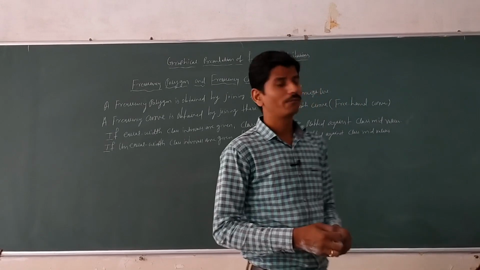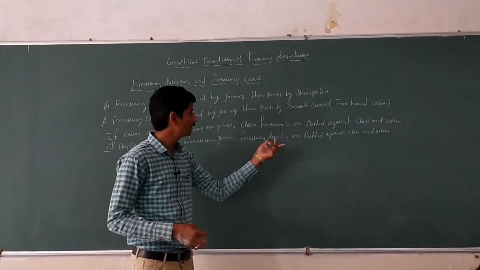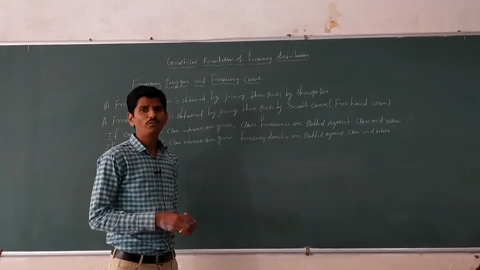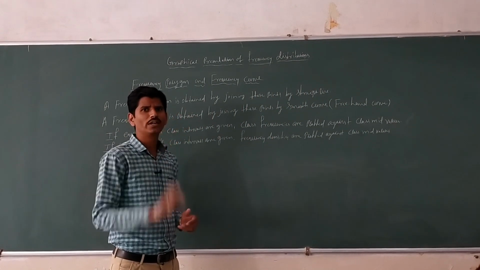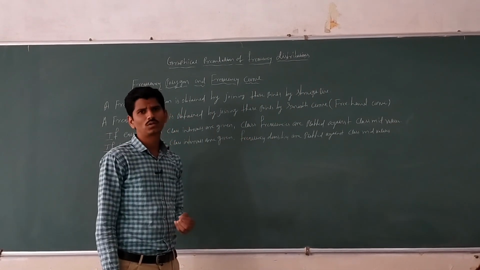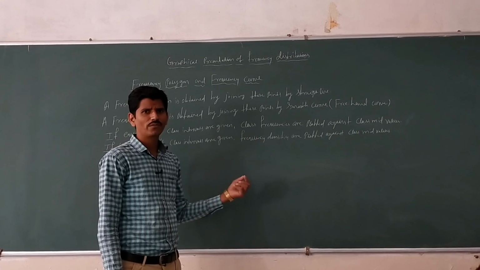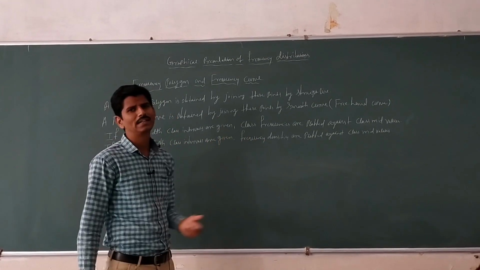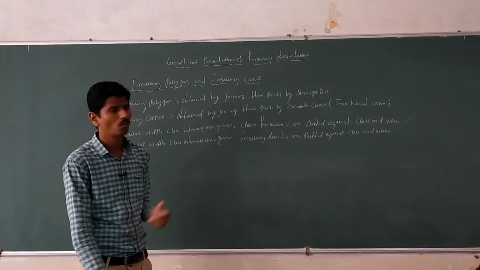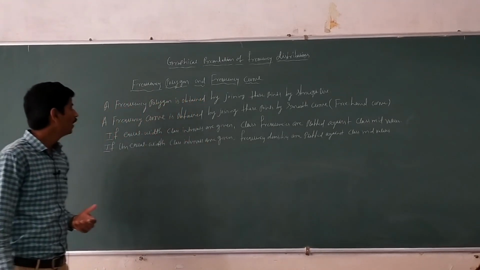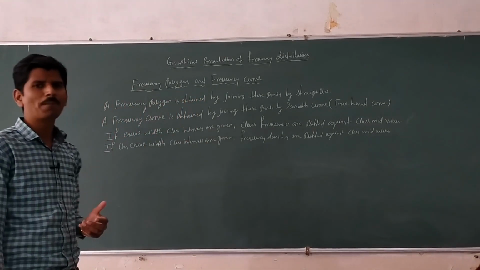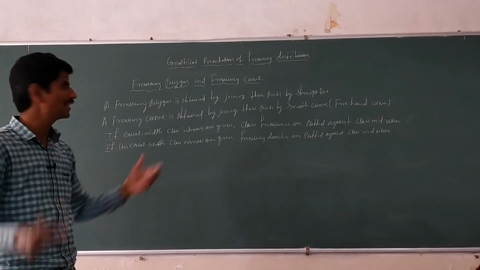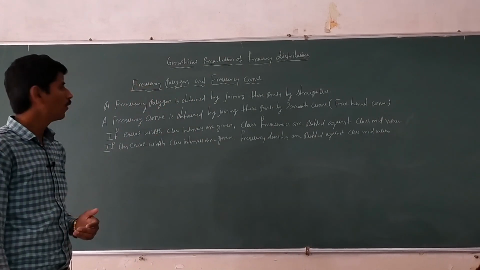What is frequency density? It is the ratio of the class frequency to the width of that class interval. What is a frequency polygon? A frequency polygon is obtained by joining these points by straight lines. Then what is a frequency curve?